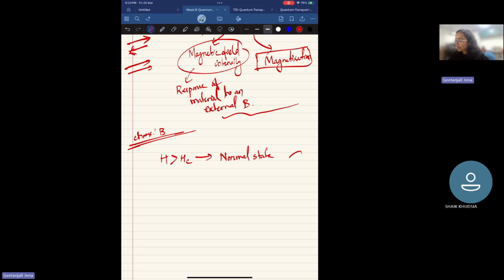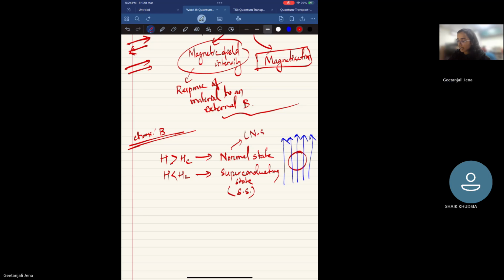By normal state, we mean if we put this material, then the B inside this material is non-zero. But if H is less than Hc, then we'll see a superconducting state. Let me write the superconducting state as SS and normal state as NS.